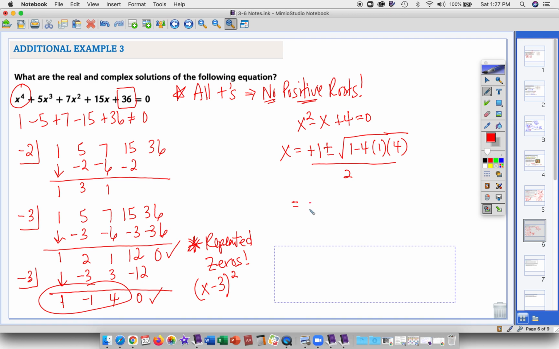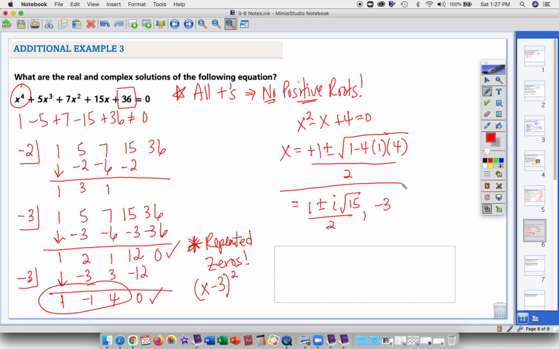So that's positive 1 plus or minus, that's negative 15. So I'm going to bring out an i, root 15. There's nothing I can do with that root 15, so it just stays that way. So here are my solutions. 1 plus or minus i root 15 over 2 and negative 3.